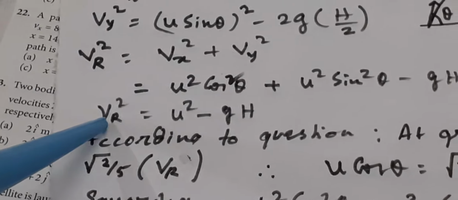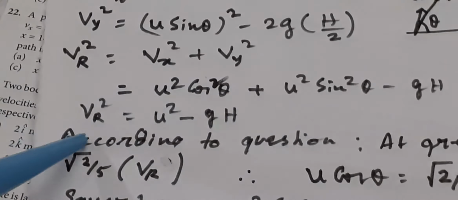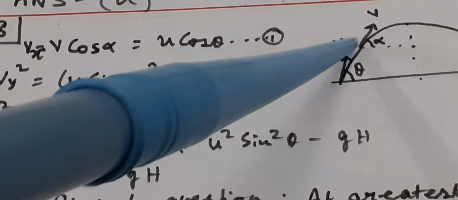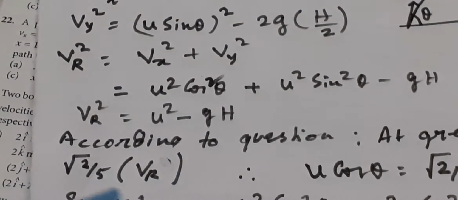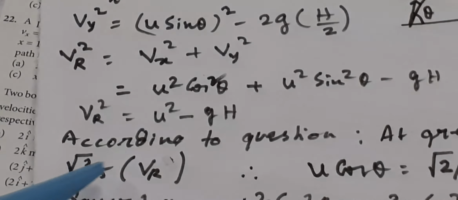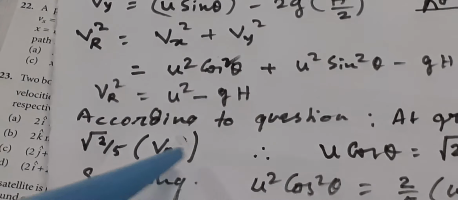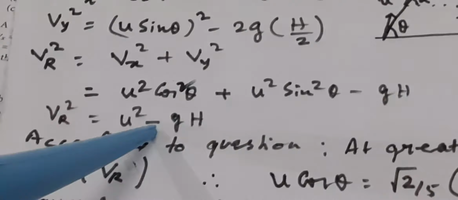Now take out u square common here, you will get u square minus gH, that is V resultant. According to the question, it is to be noted here that the resultant velocity at this position is root under 2 by 5 into the velocity at its highest position, V suffix r.